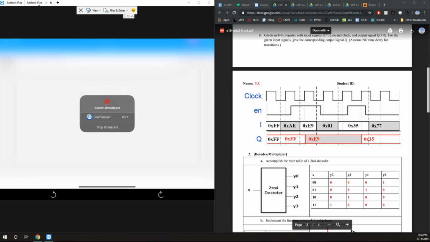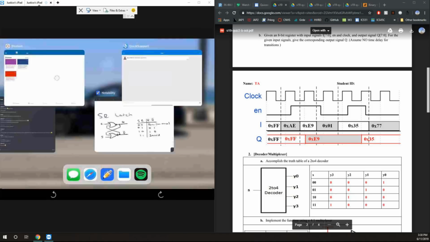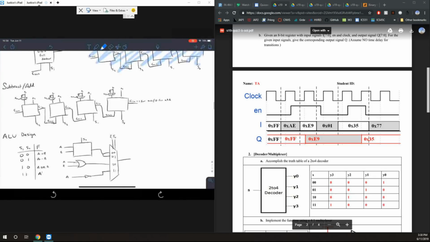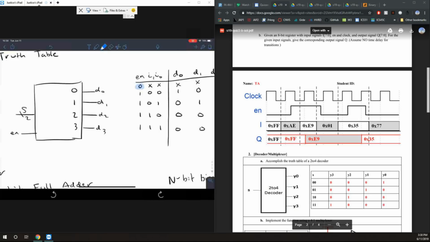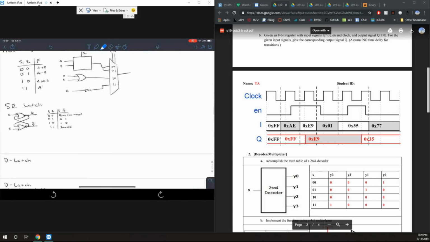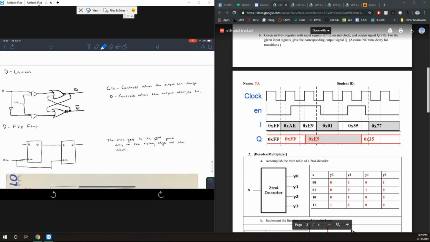No, the decoder just talks about which one. So with a decoder, you're just picking one of them. So that's all you're doing here. Okay, cool. The thing with D latches and D flip flops, you should understand them.